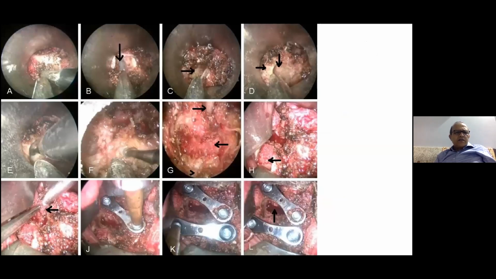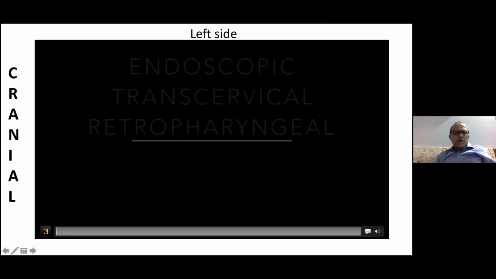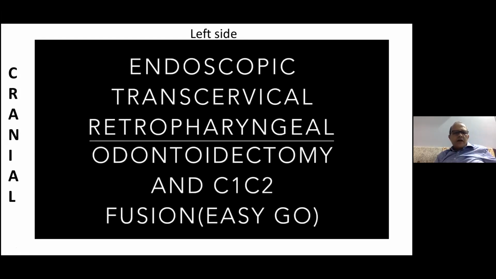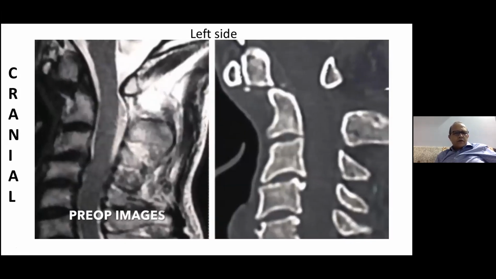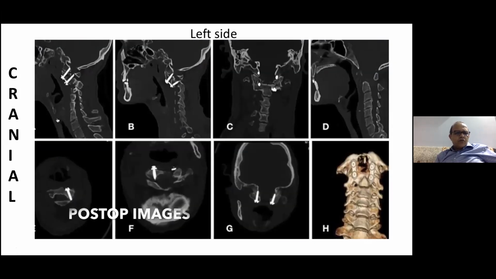So these are the various stages of surgery, which I have already discussed. This is a short video of the trans-cervical approach. This was the case. It was post-operative.